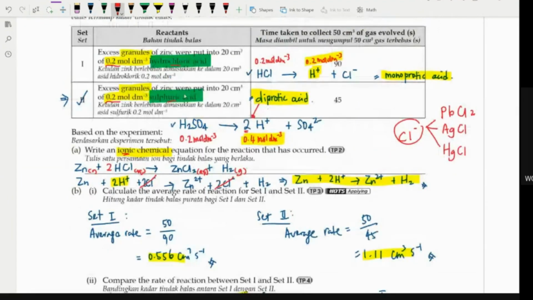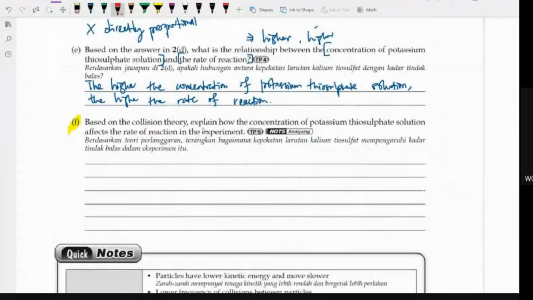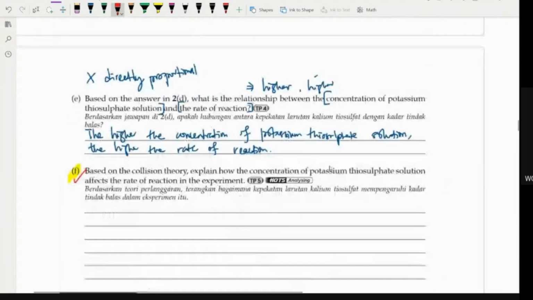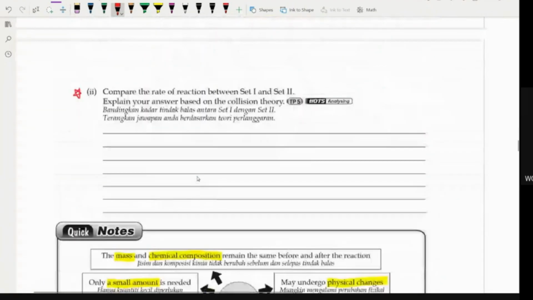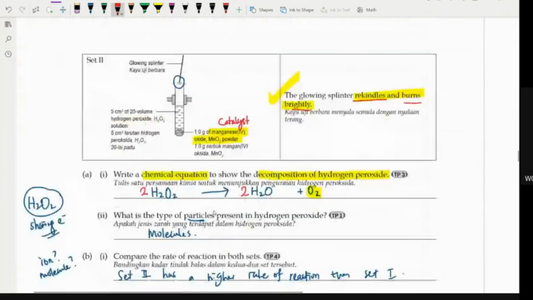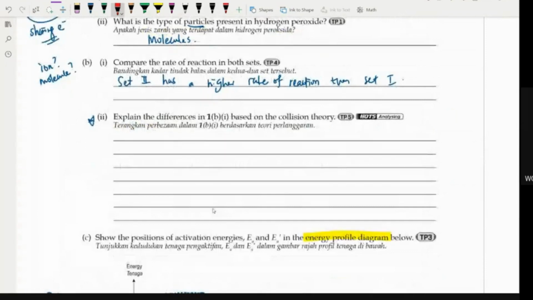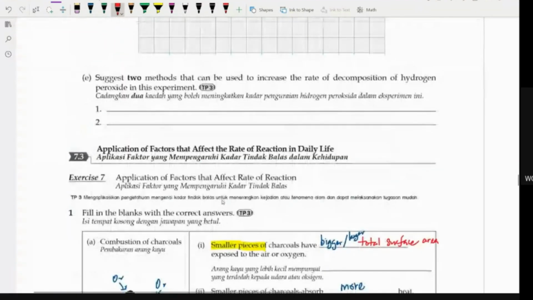Then after that is also a concentration factor, but the colliding particles will be slightly different. Then this one is the factor of temperature, and finally the catalyst.